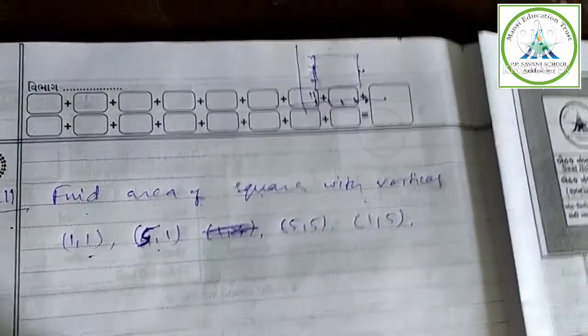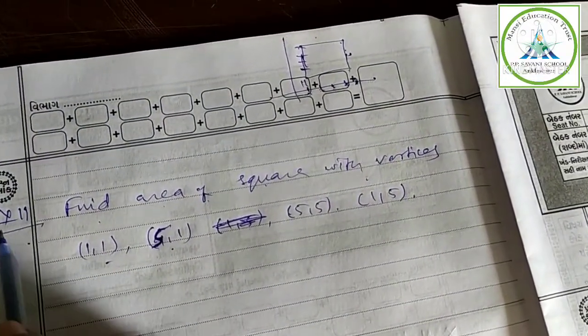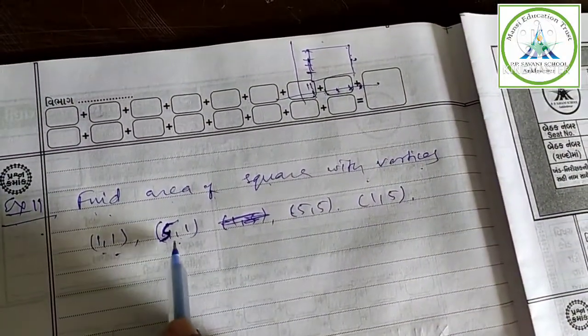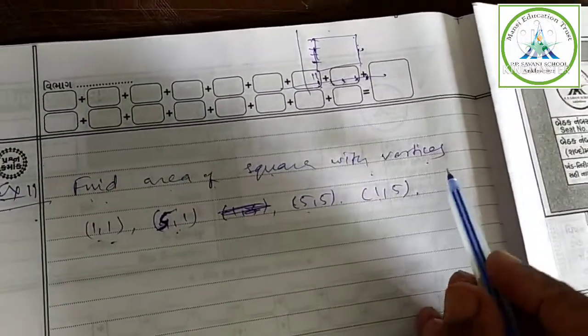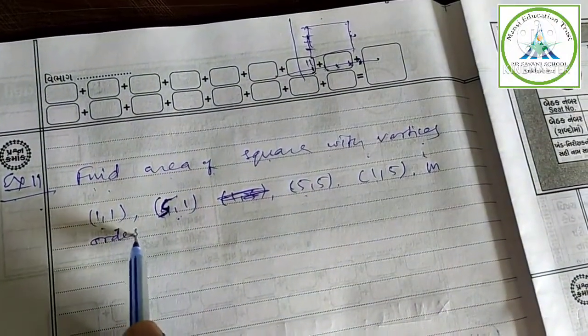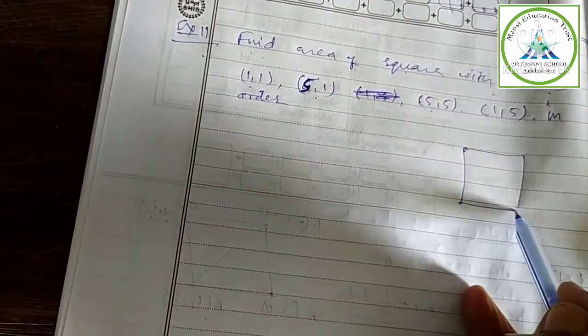Okay, see, now we will take an extra example. Say the example is: find the area of a square with vertices 1 1, 5 1, 5 5 and 1 5 in order. Okay, students, draw the diagram. See, first draw a freehand diagram to understand the concept.